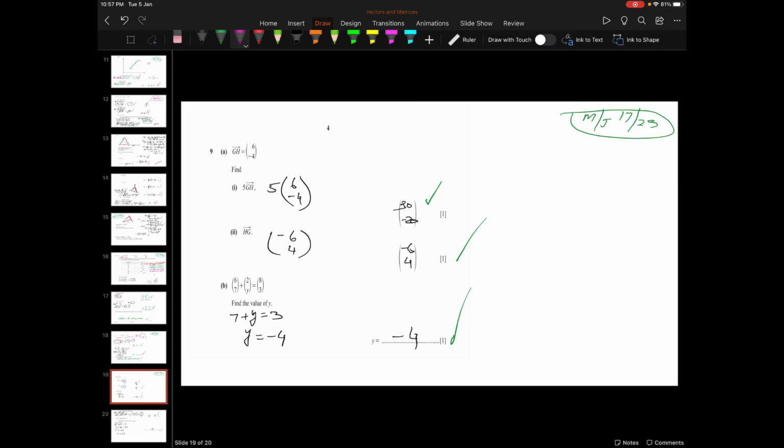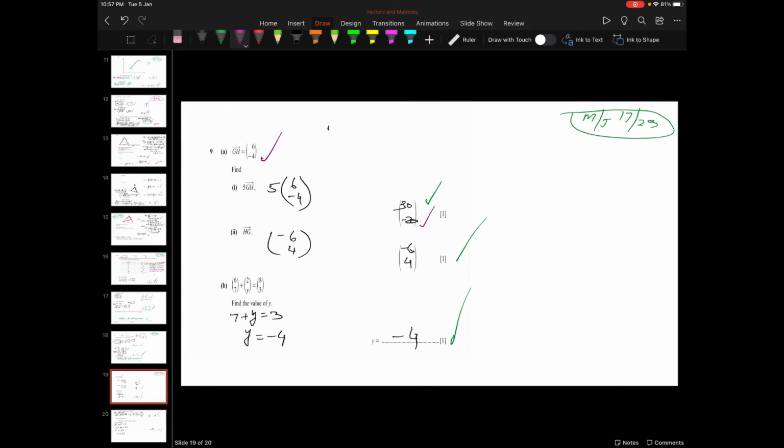In this question, vector GH is equal to 6 and negative 4. Find 5GH. We should multiply all the members of GH by 5. The resultant will be 30 and negative 20.